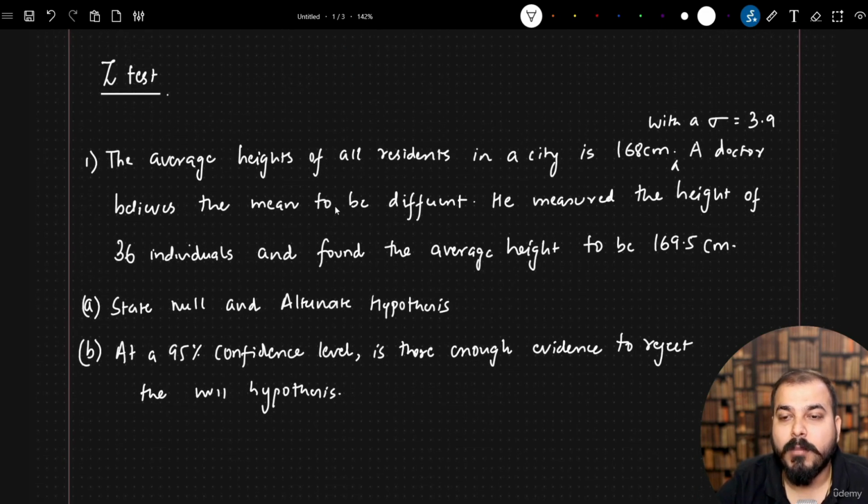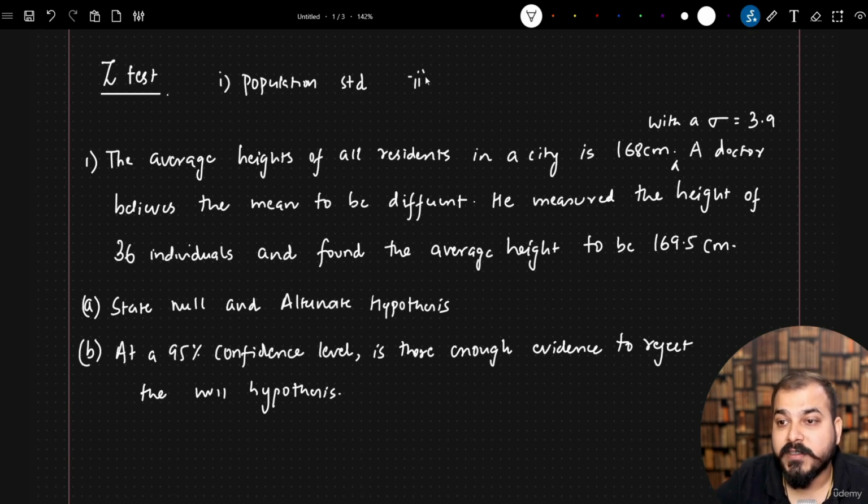One thing that you need to know about Z-test is this. Whenever you want to use Z-test, the first thing is that you really need to know your population standard deviation.